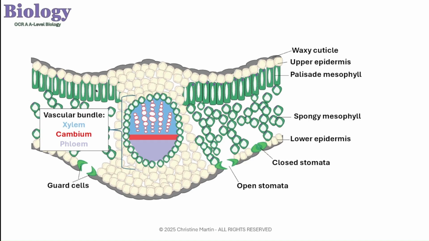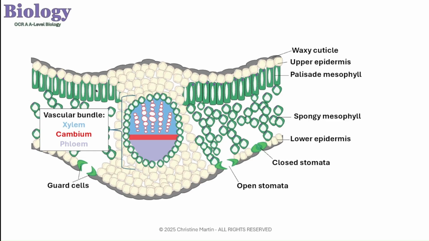The waxy cuticle covering the lower and upper epidermis acts as a waterproof barrier, reducing evaporation from the leaf surface. The palisade cells near the upper surface of the leaf are compacted together. This maximizes the absorption of light for photosynthesis, whilst also reducing the exposed surface area for evaporation to occur.